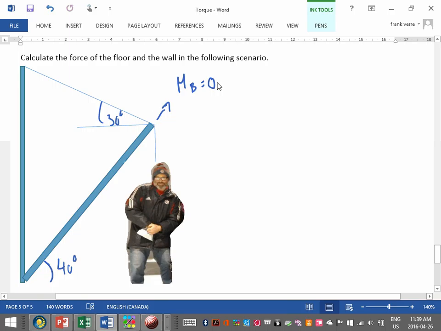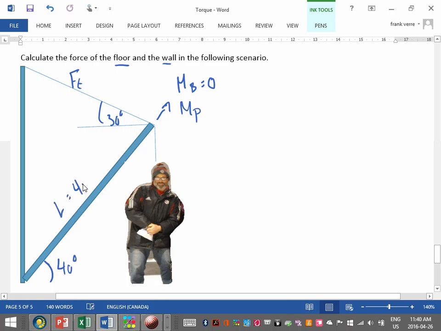Okay. So we have tension in a cable, and then we're going to figure out the force of the floor and the wall. I'm going to give you two more pieces of information. I've got to give you the length of the beam.